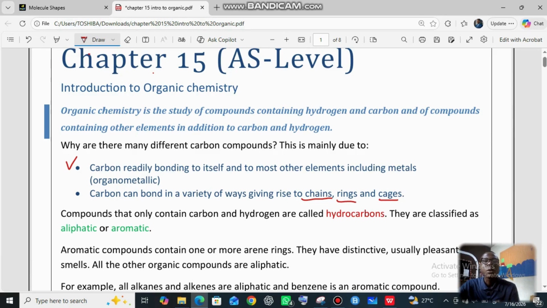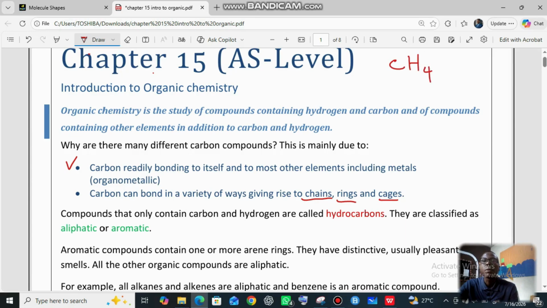Organic chemistry is the study of compounds containing hydrogen and carbon, and of compounds containing other elements in addition to carbon and hydrogen. If you have compounds that contain hydrogen and carbon, the study of such compounds is referred to as organic chemistry.